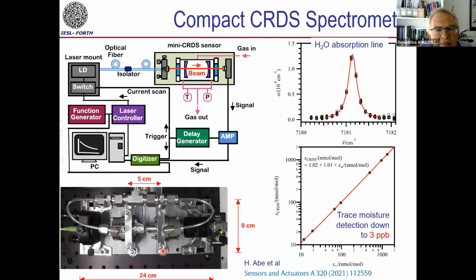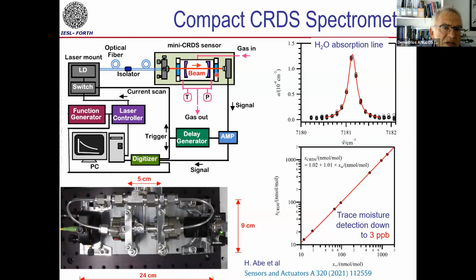There are a little bit more demanding spectroscopies like the cavity ring down scheme, which are being used again for environmental monitoring. For example, what we see on that slide is monitoring of moisture. The system again depends on a laser diode, which enters a cavity unit, which you see over here. I will explain in a minute what this cavity does, or what cavity ring down spectroscopy is.